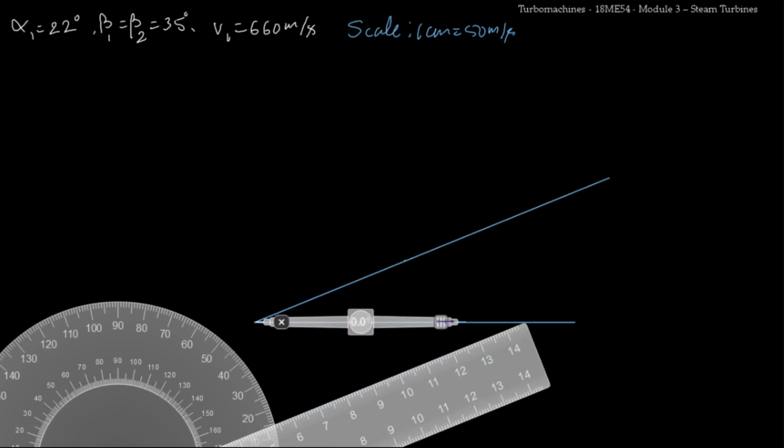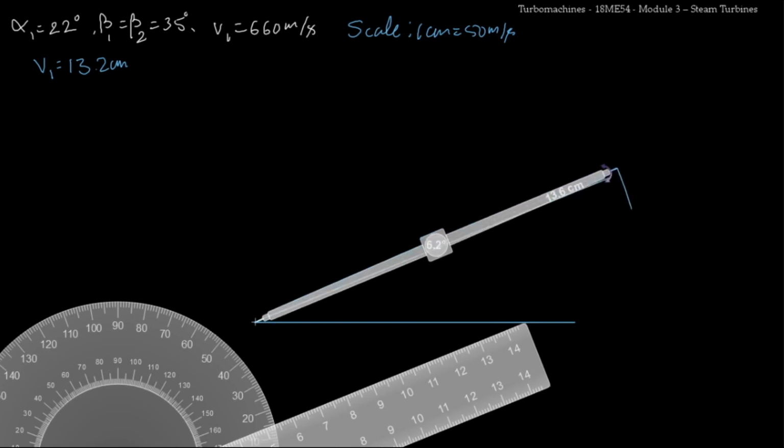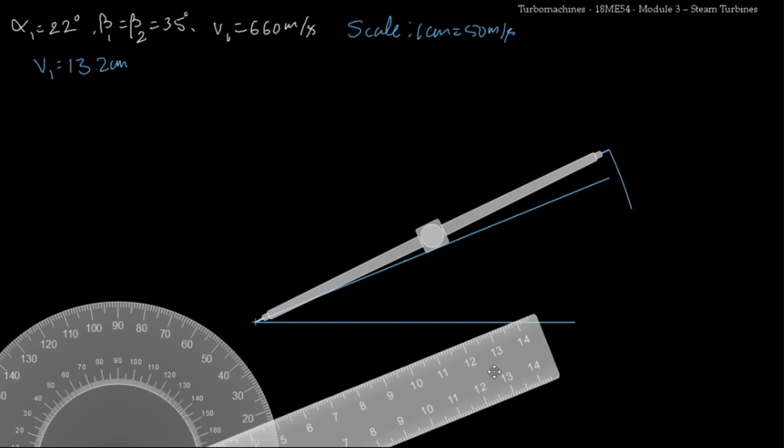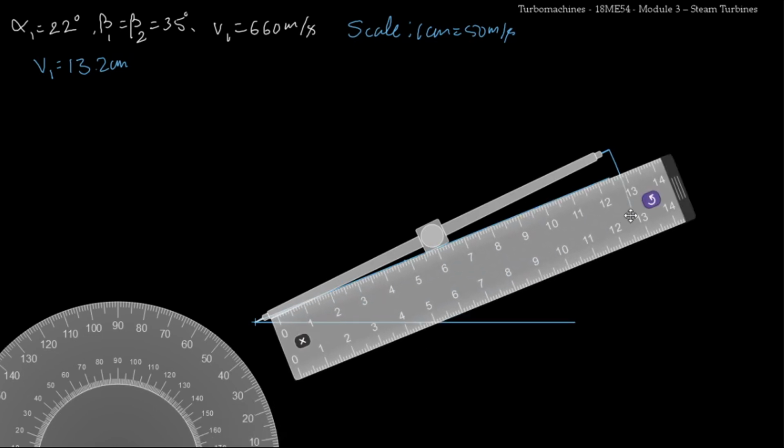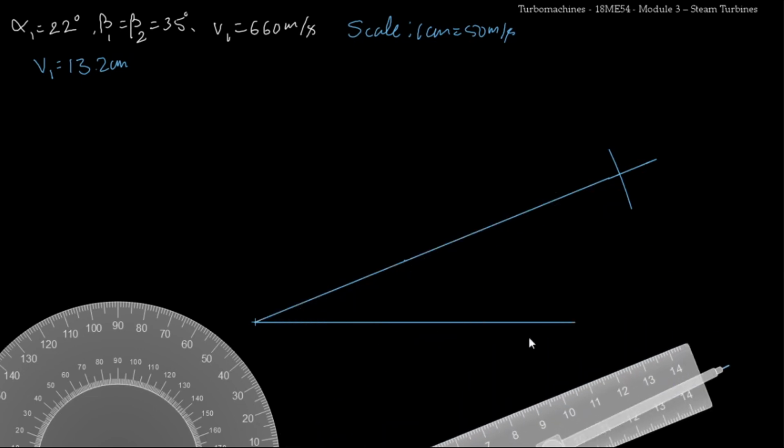I'll place the compass here. I know that the length of V1 will be equal to 13.2 centimeters on the diagram. So I'll increase this length to 13.6. Now I'll draw an arc. Now I have to extend the line, so I'll just place the scale over this and I'll extend this line. Now I have extended this line, so I'll take all the instruments out of this.